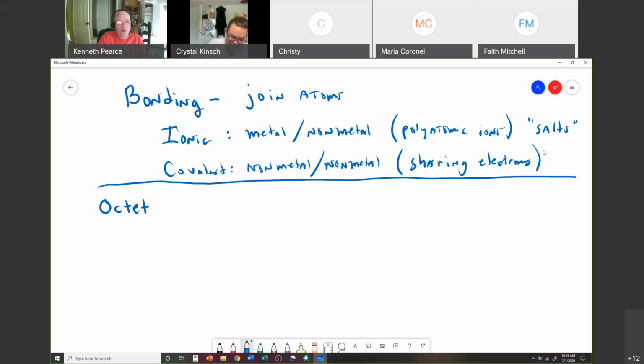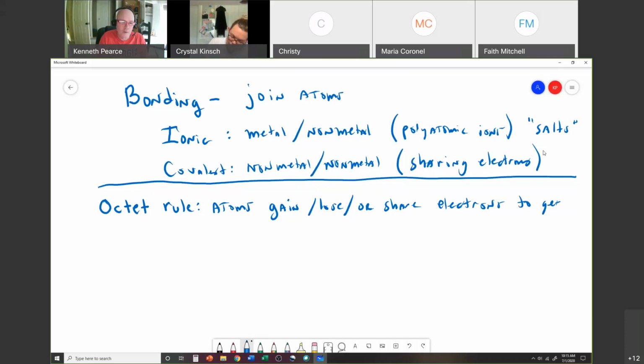So the octet rule: atoms gain, lose, or share electrons to get a full valence shell.